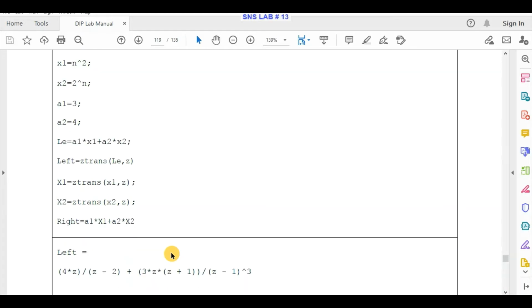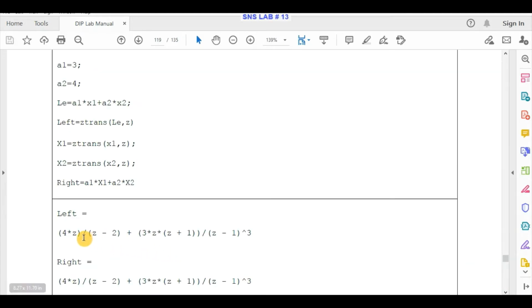And after running this script, we will get the answer of left hand side and right hand side, and here you can see the result of both sides, which are same. So we can state that the linearity property has been verified through MATLAB functions in Z transform.